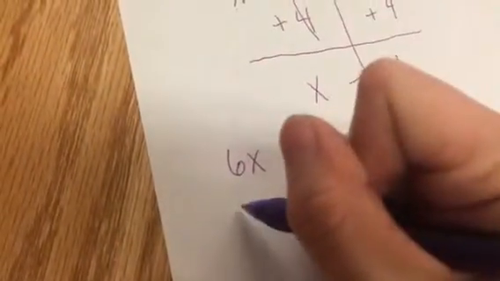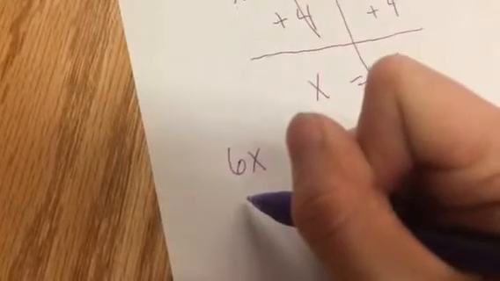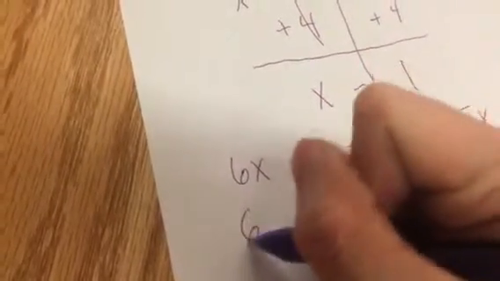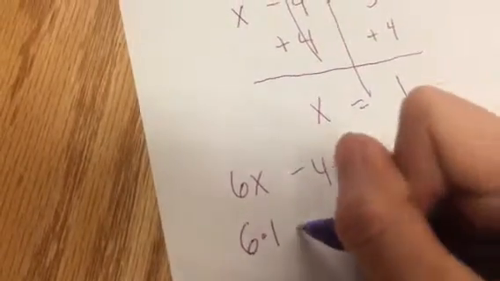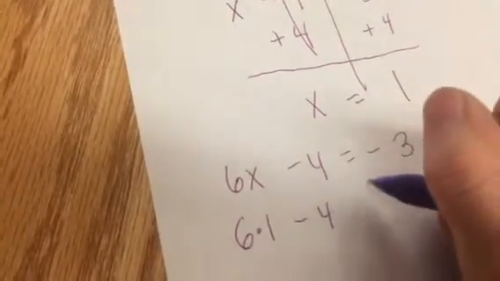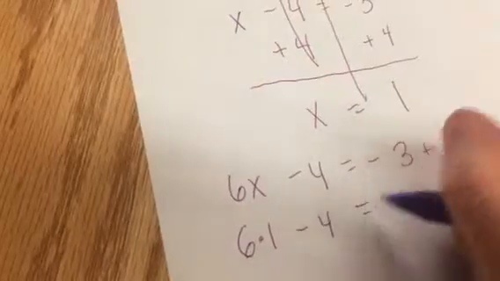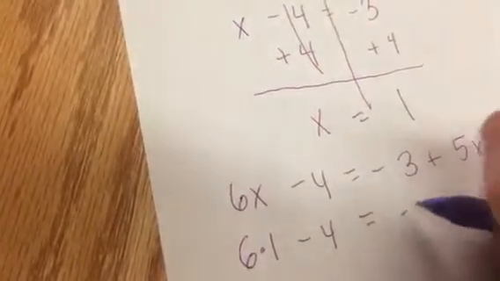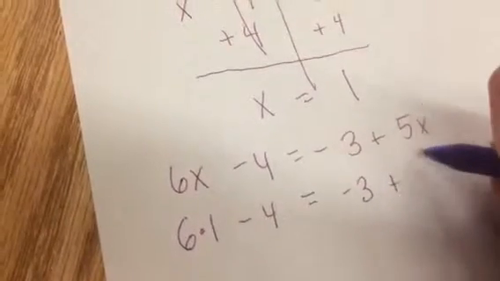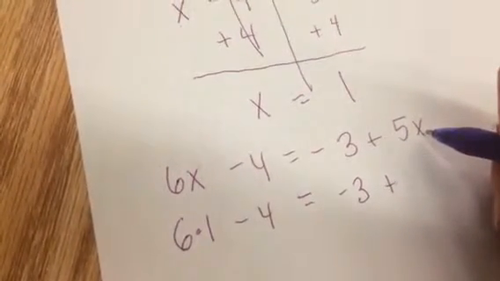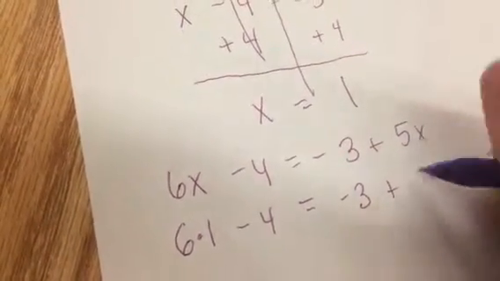So let's recopy, putting in 1 for x. So it would be 6 times 1, because x equals 1, minus 4 equals negative 3 plus 5x, or 5 times 1.